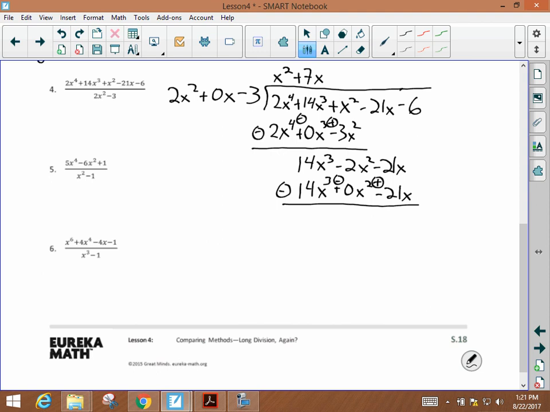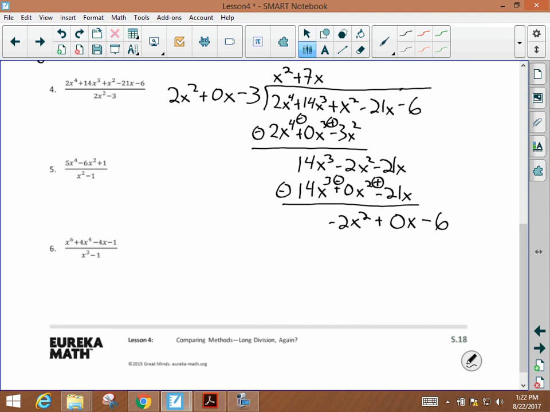So I'm going to have a negative 2x squared here. And then that's a 0. So my x term has gone away, but I've got to still leave it there as a placeholder and drop down this negative 6.